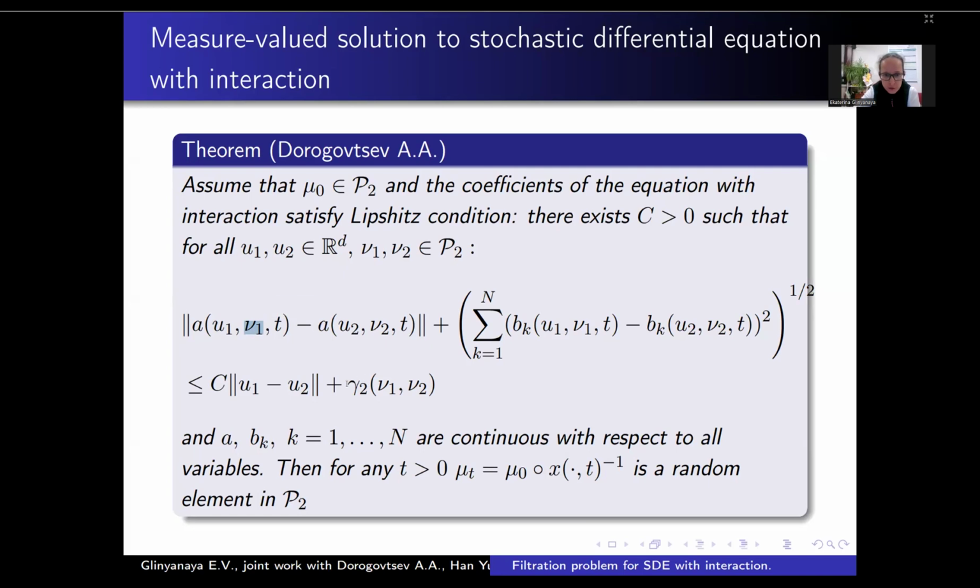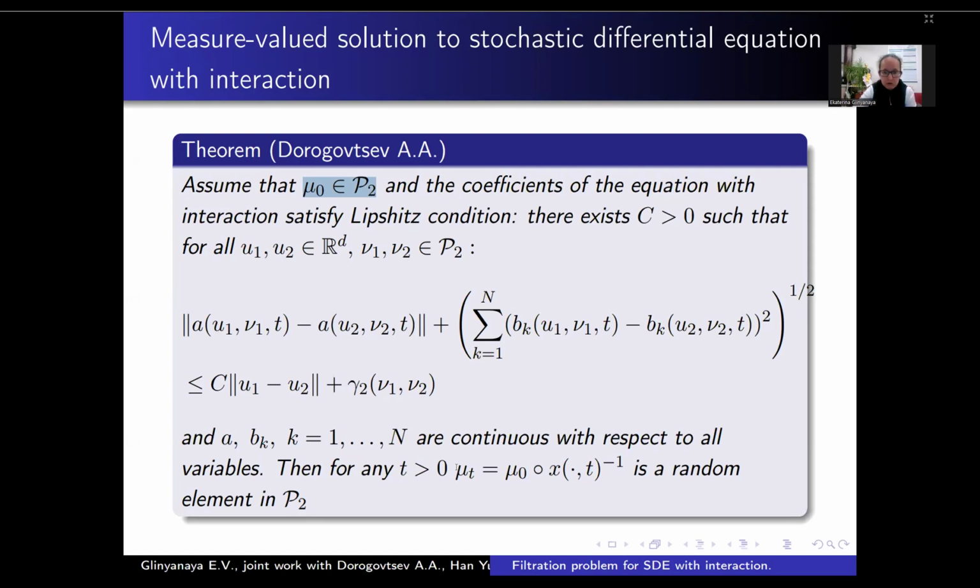Here we use the distance gamma 2 between measures with a second moment. The statement also says that if we start from a measure which has a second moment, then the solution mu t will also be an element of the space of probability measures with second moments.